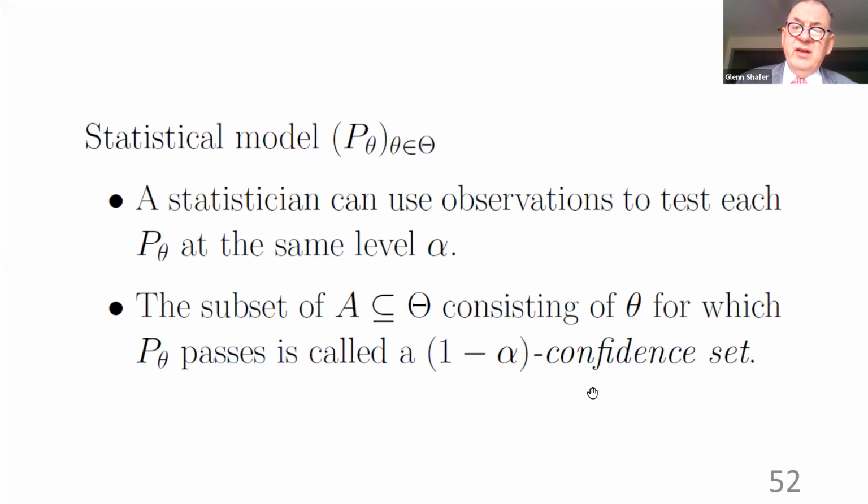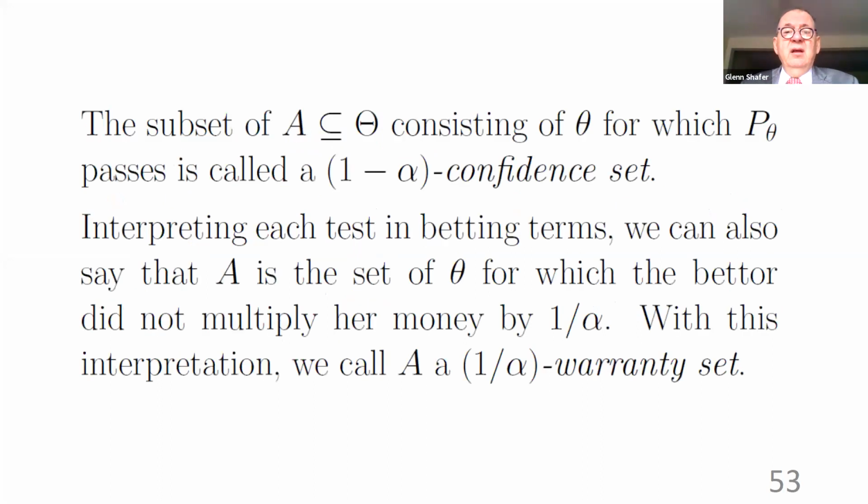So what is a confidence set? It's a little complicated, isn't it? That's the standard definition. If you read advanced textbooks, that's the way they explain what a confidence interval is. So I won't pause on that, but we could give a betting interpretation.